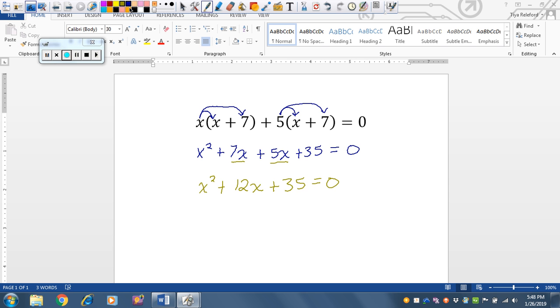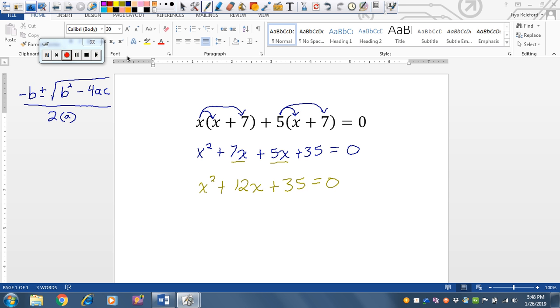So, per Lainey, the quadratic formula is negative b plus or minus the square root of b squared minus 4ac divided by 2 times a.